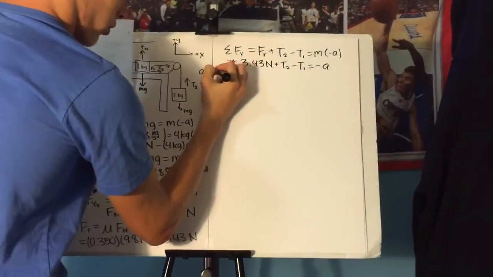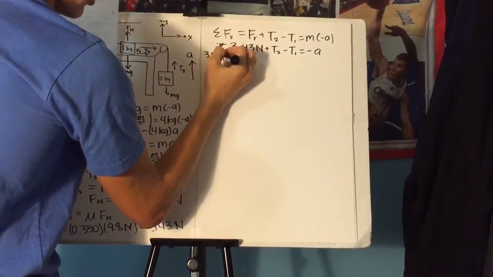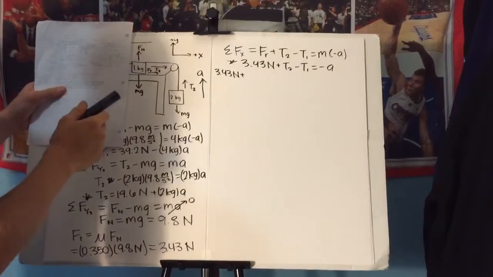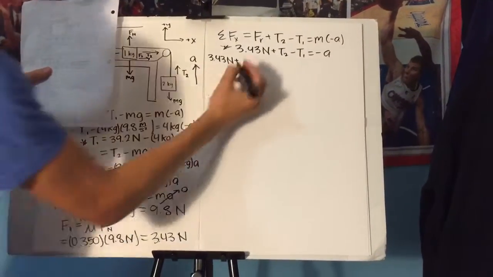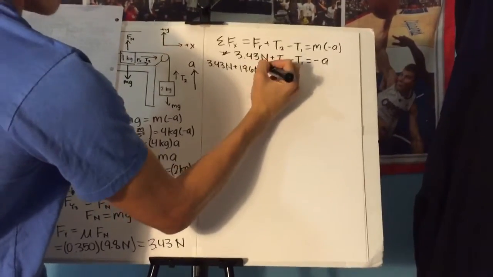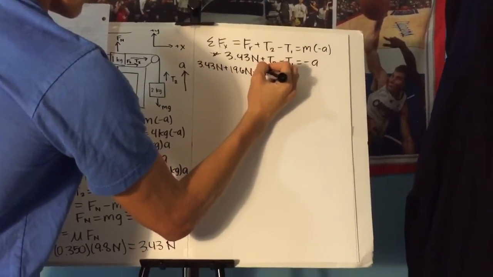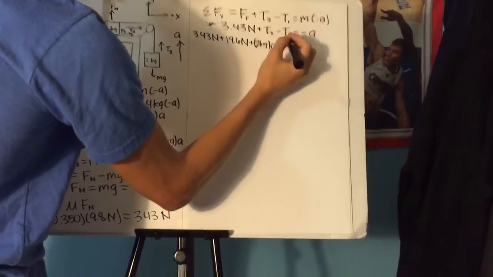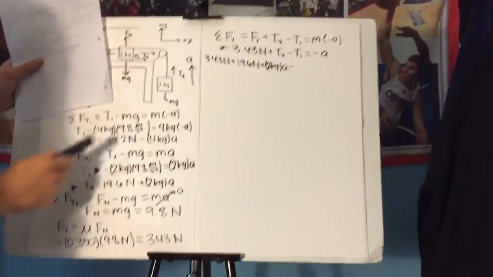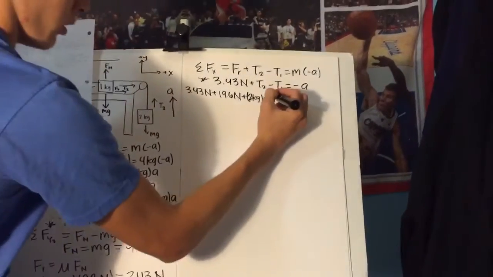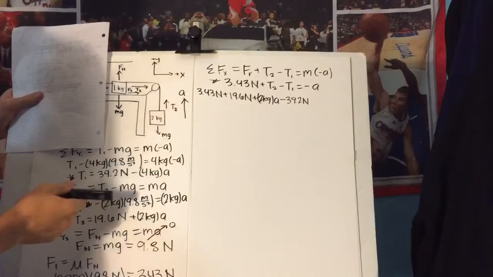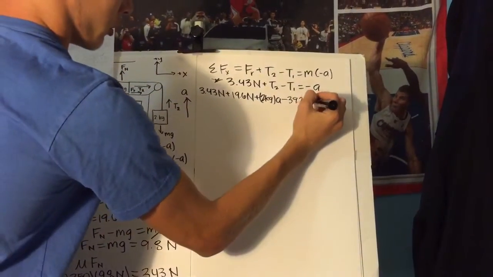So 3.43 newtons plus T2, which is 19.6 newtons plus 2 kilograms times acceleration. And then we're going to subtract T1, and that's 39.2 newtons minus 4 kilograms times acceleration, so that's going to change to a plus.